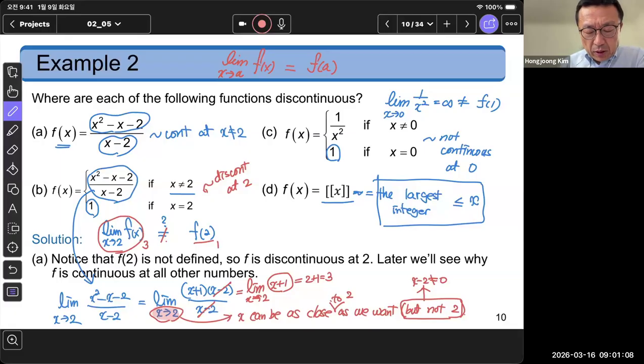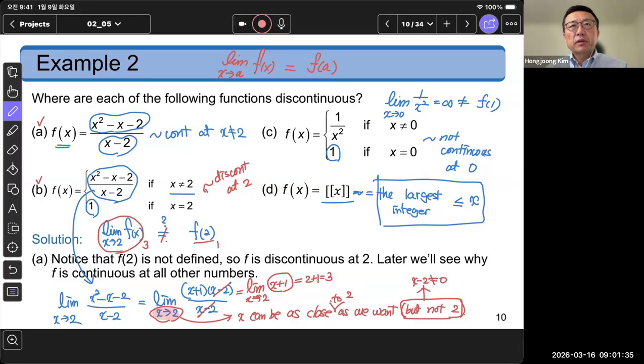In case of A and B, we consider two functions f of x. Now in A, f of x is defined by a rational function, x squared minus x minus 2 over x minus 2. That function is not continuous at the point 2 because at that point the denominator of the function becomes 0, right?